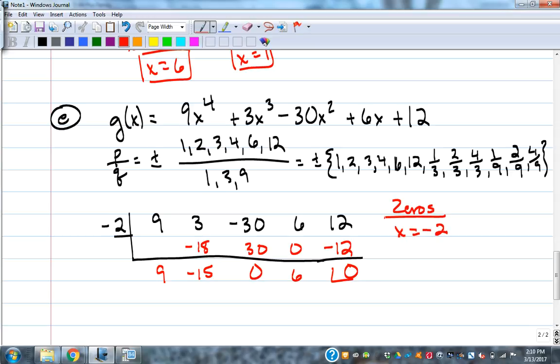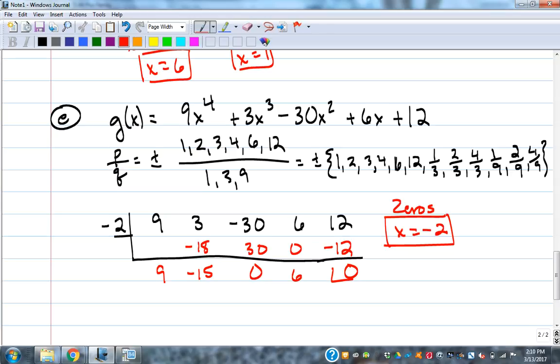X equals -2 is a 0 of that polynomial. That started as x to the 4th power. Now this is x to the 3rd power. So I don't have any tools. You know, I could try grouping if I wanted to try to factor that, but it's obvious that that's not going to group to work out here. You got that 0 in there.